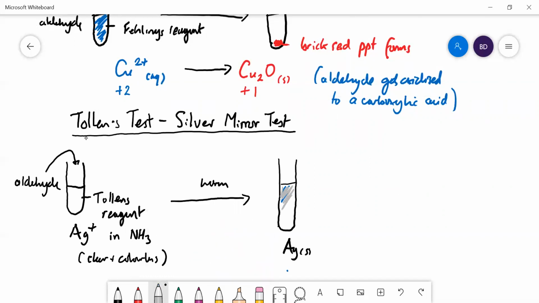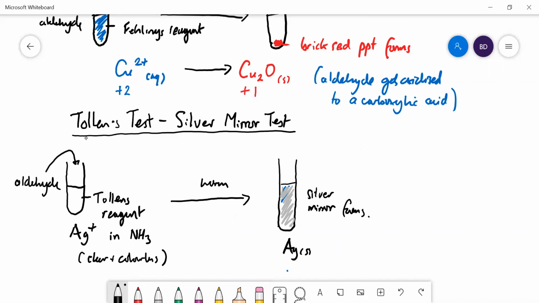So a silver mirror forms on the inside of the test tube. That test is specific for aldehydes. It will only pick up an aldehyde.